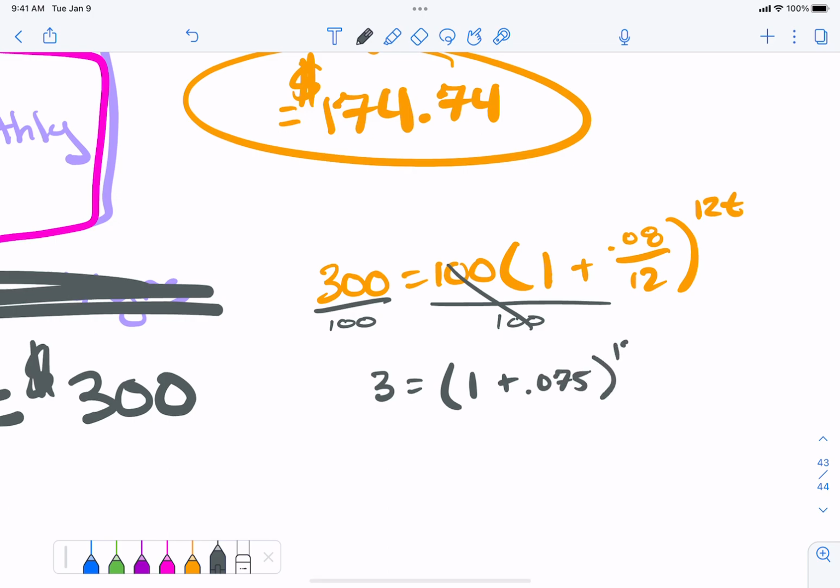It's 1.006. It's 0.006 repeating, because it's 2/3 of a percent, or 3/4. I got 13.78 years.